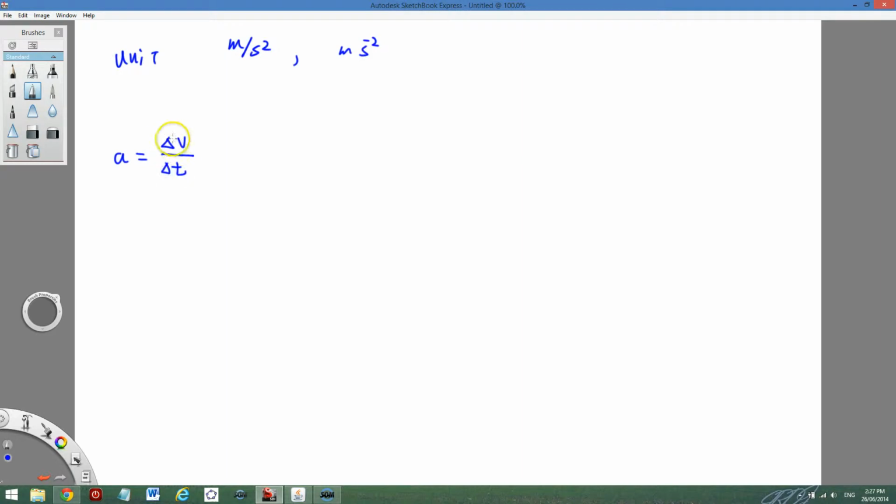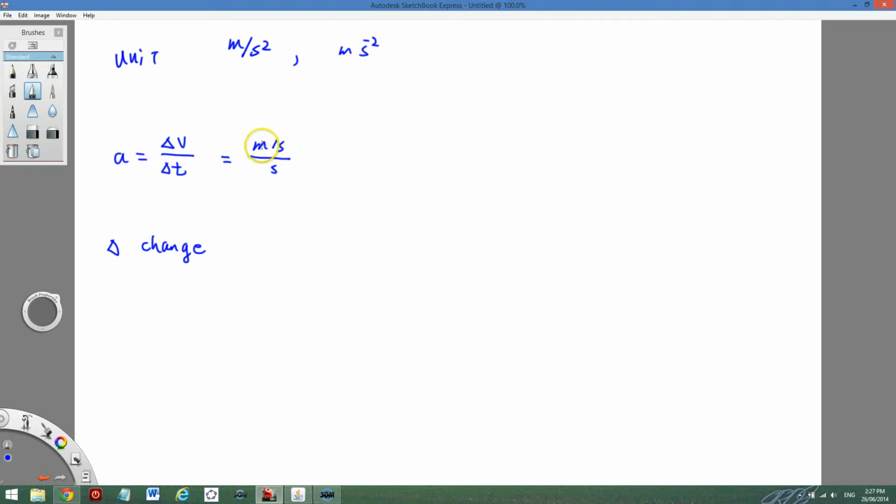Just remember this little triangle here means the change. Acceleration is the change of velocity divided by the change of time. The unit of velocity is meters per second, and the unit of time is second.